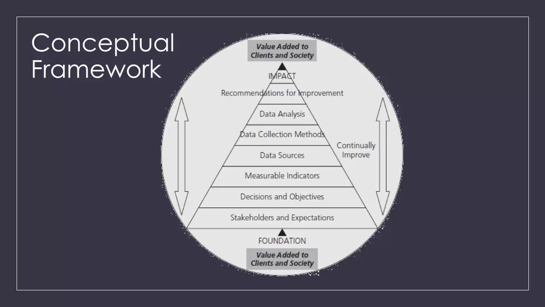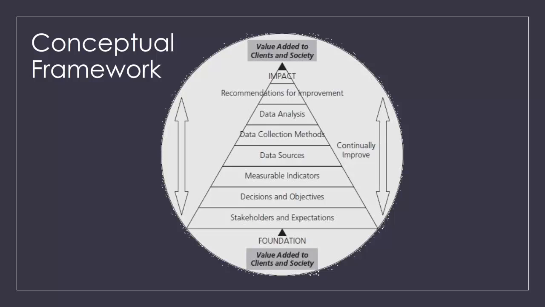The basic steps and approach are illustrated in this figure, which reflects the nested relationship among the 7 elements of the process with stakeholders and external impact on society as the basis for everything done in an evaluation. So for example, the first step is identifying stakeholders and expectations, and this is where you build your foundation and the value added to the client and society.